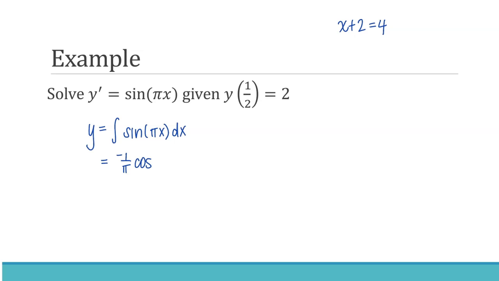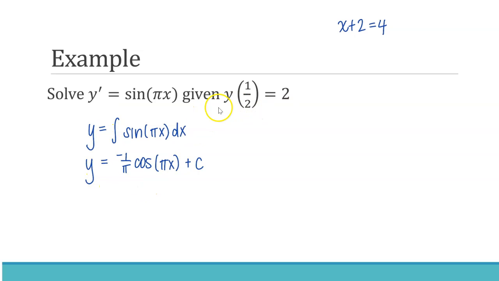So I'm going to have that negative in the front, cosine of pi x. And then our general antiderivative has the generic constant plus c. So I have y equals negative 1 over pi cosine of pi x plus c. This is the most general solution to this differential equation.